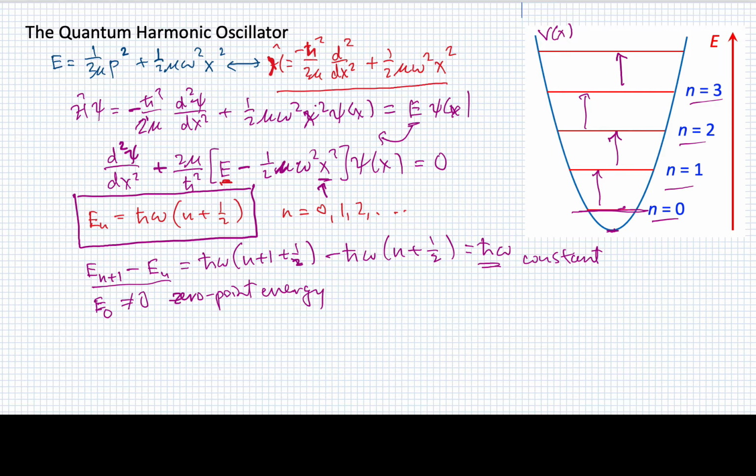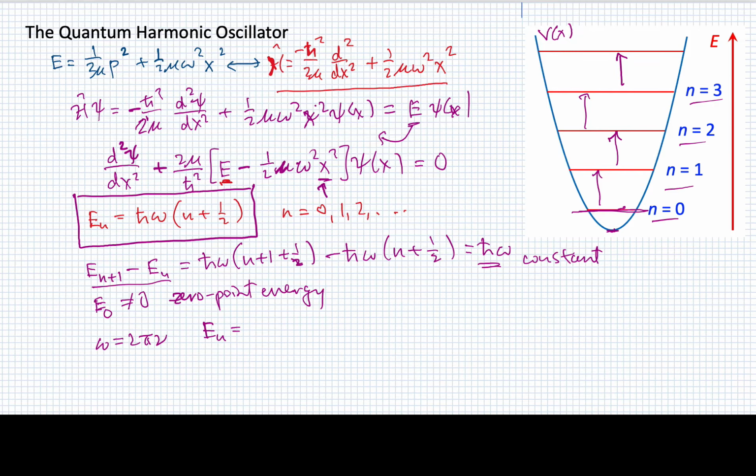Now, finally, I want to mention that because omega can be written as 2 pi nu, we can also write this set of energy levels in a little bit different way.